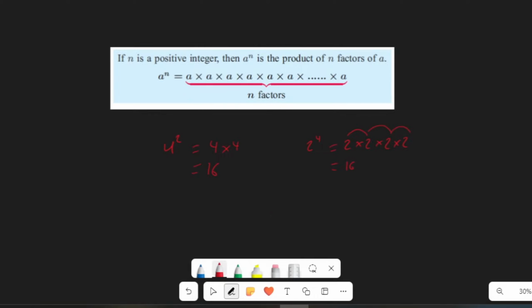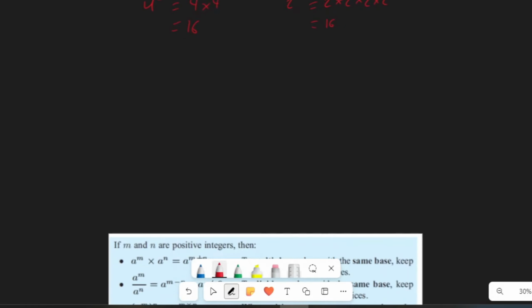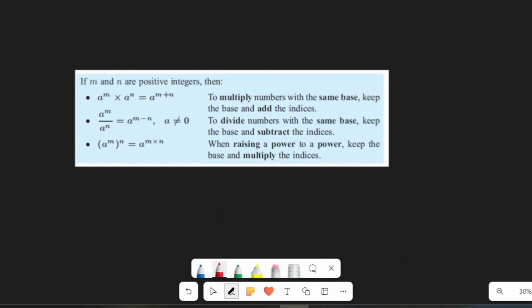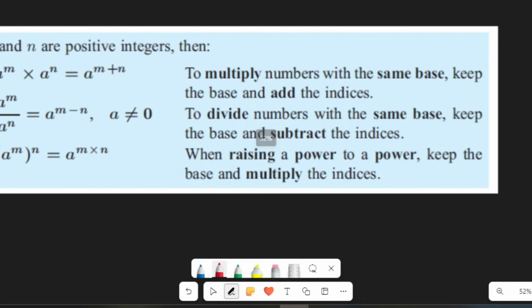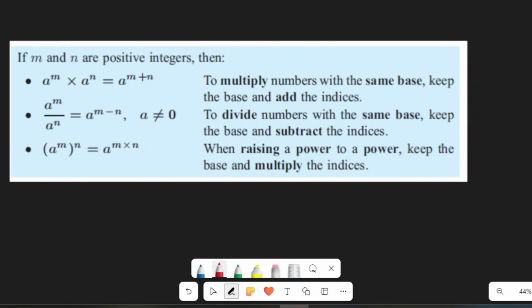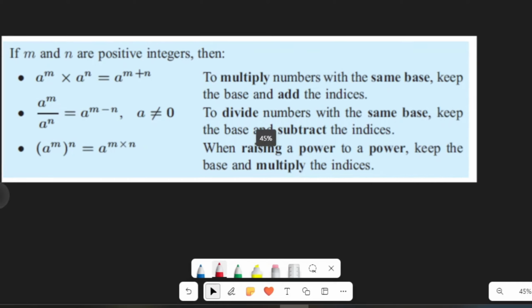Now that we have the concept understood, let's move on to how we add them, subtract them, multiply them, and how brackets work. Okay, so if m and n are positive integers, then if we're multiplying a to the power of m multiplied by a to the power of n, we'll get a to the power of m plus n. So to multiply numbers with the same base, keep the base and add the indices.